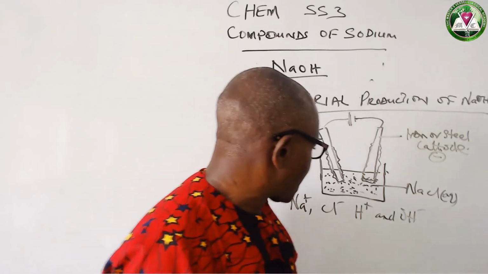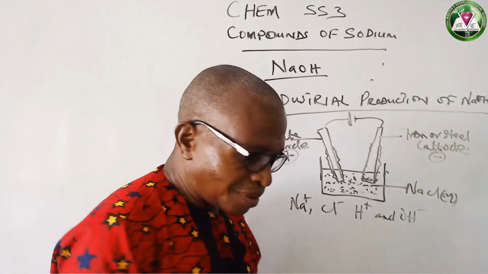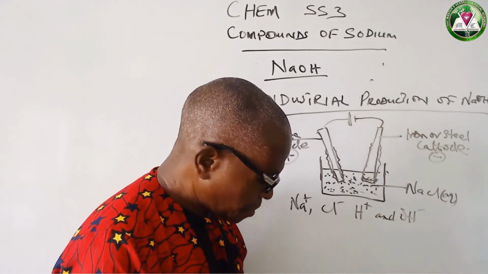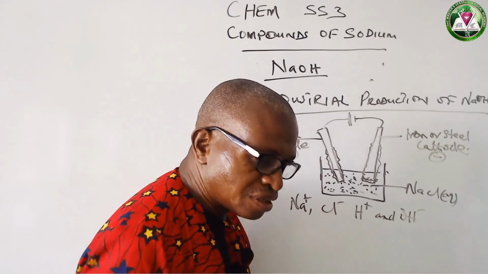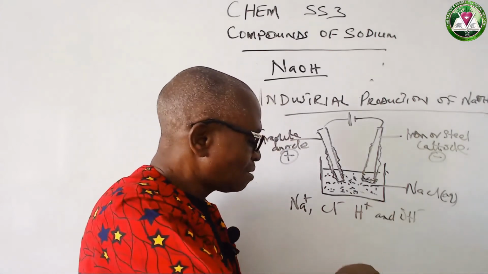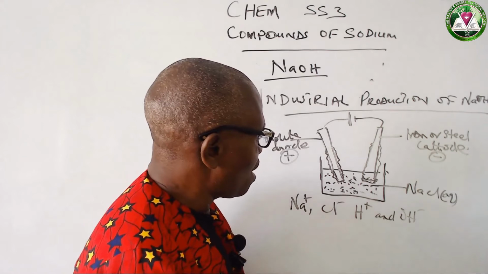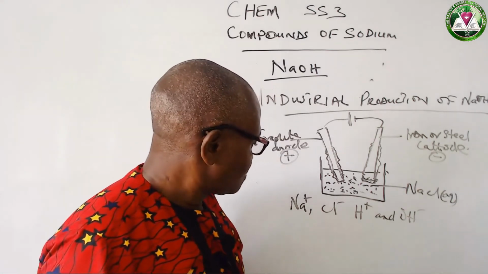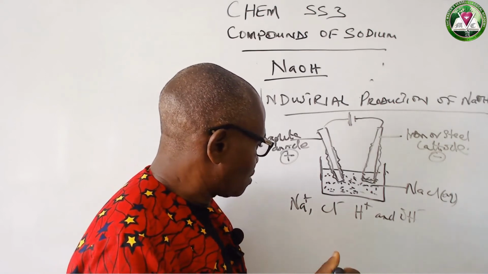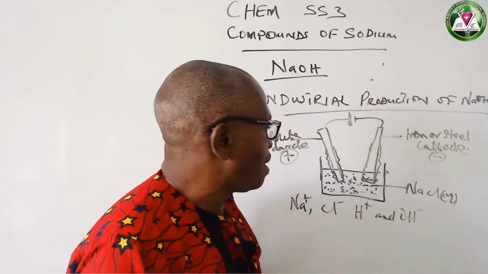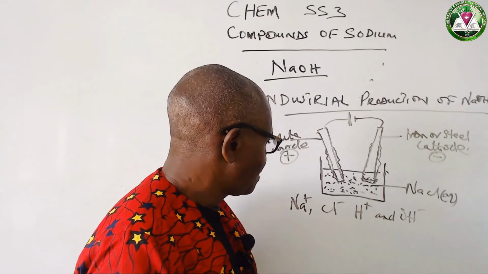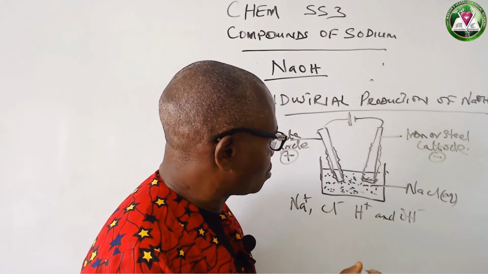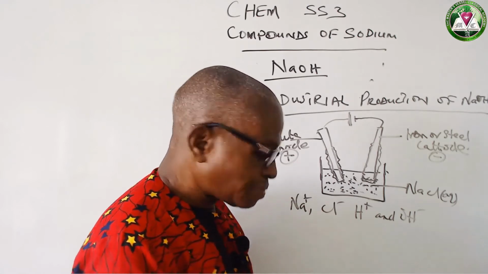Therefore, you discover that sodium and hydrogen ion will migrate to the cathode. Unlike charges attract, sodium and hydrogen ion will migrate to the cathode, while chloride ion and hydroxide will migrate to the anode.